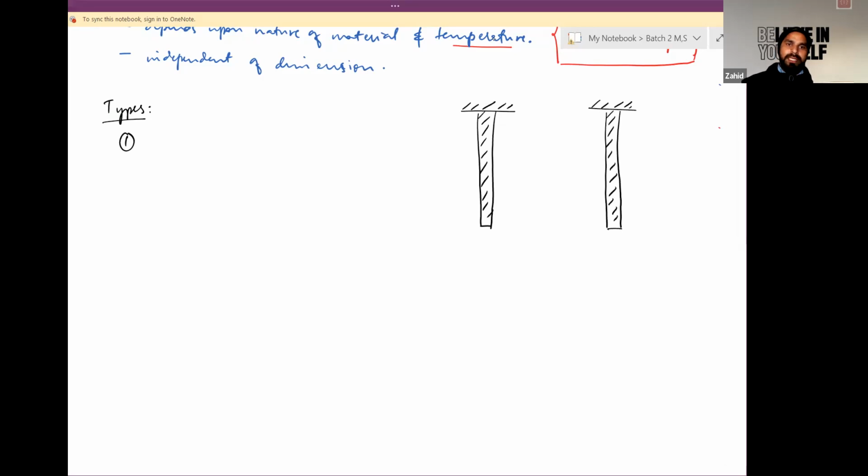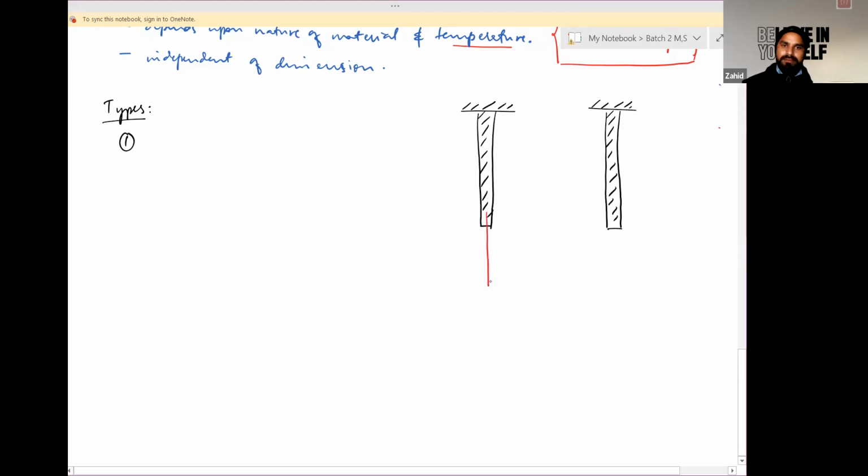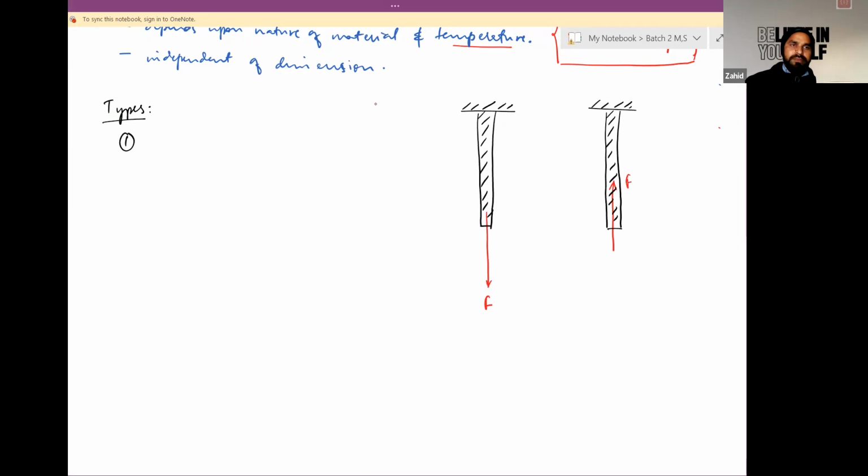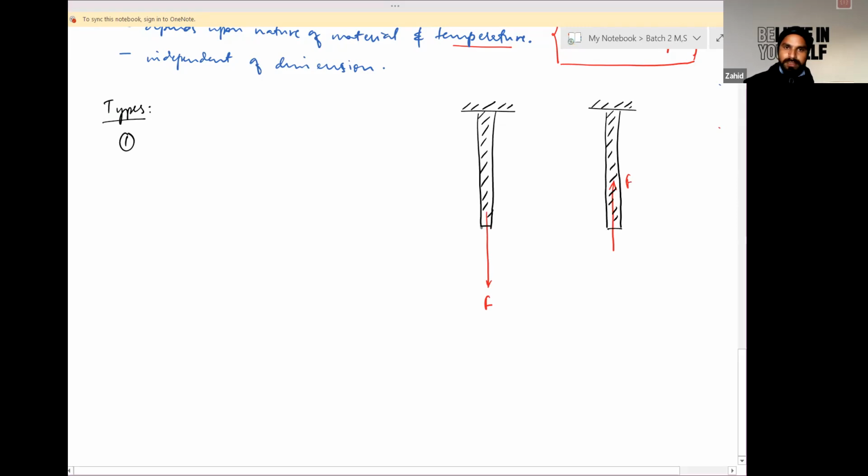If a deforming force is applied along this direction, and in this part it will be along this direction, due to which deformation in these two parts will be along this direction. In this part, original length is L, and deformation from this point to this point is delta L. Similarly, in this part, it will get compressed slightly by delta L. Original length is M.